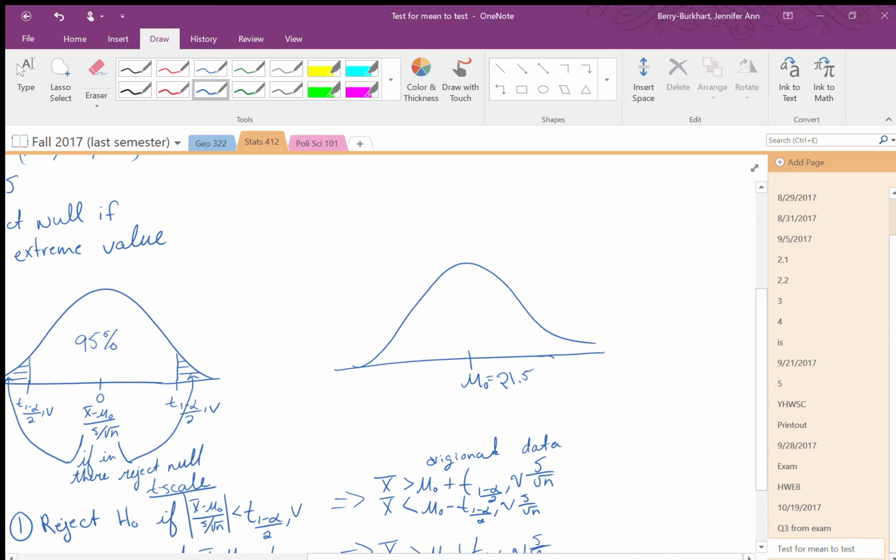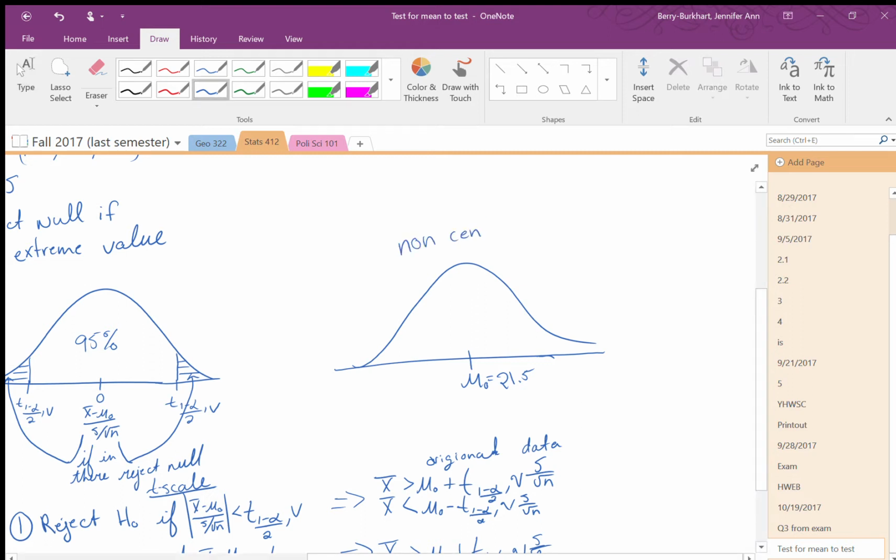So now I have a t distribution. Over here I may not have a t distribution, sort of a non-central t. Over here, it's a central t. I can set everything up nicely, okay?